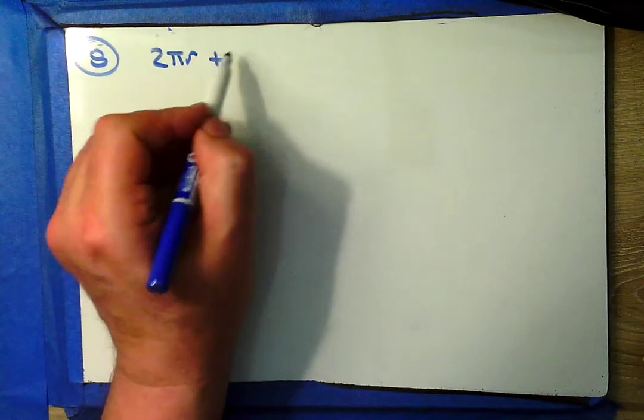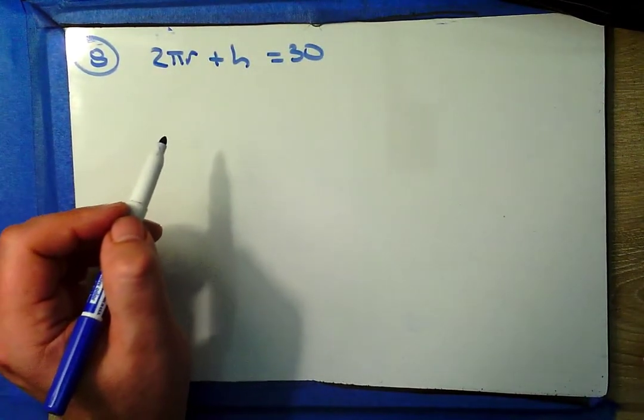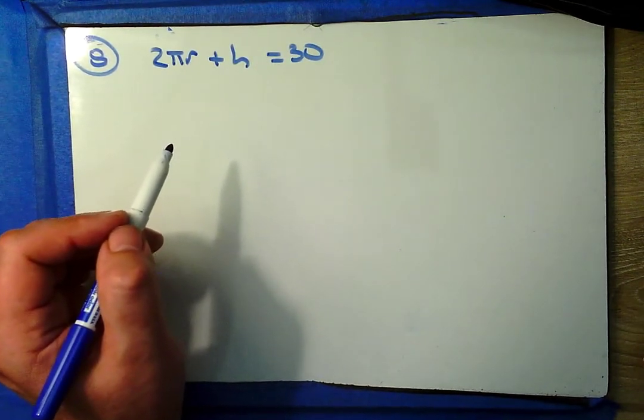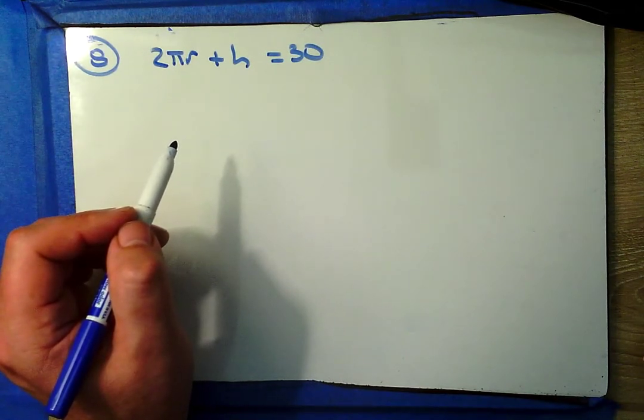So circumference is 2 pi r plus height equals 30. That has the look of a helping equation if I ever saw one. I'm considering them. What is the radius of the one with the maximum volume?